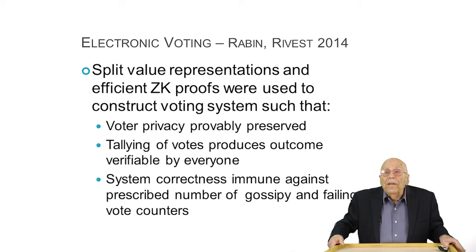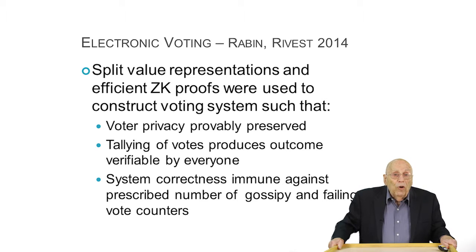Now, another application of that methodology was suggested to me by Ron Rivest, and together we then did a system of electronic voting. We used split value representations and zero-knowledge proofs to construct voting systems such that the voter privacy is provably preserved. In other words, whatever anyone voted is provably kept secret.